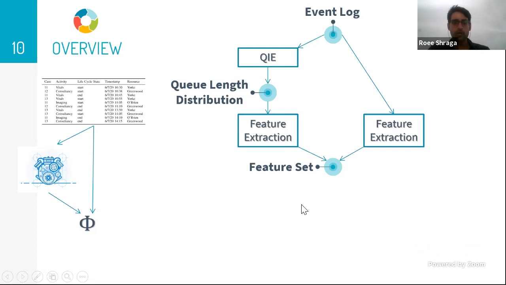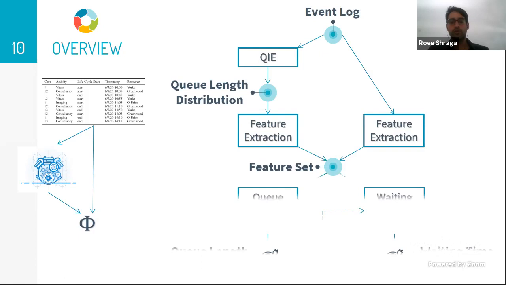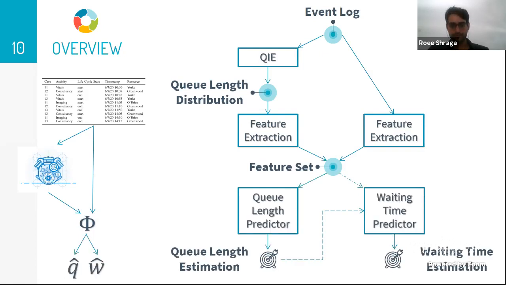In addition, we directly use the event log to gather some log-based features. We then combine the feature sets to create our suggested feature representation. This feature set is then used to provide the predictions for the aforementioned process performance indicators, namely the queue length and the waiting time.